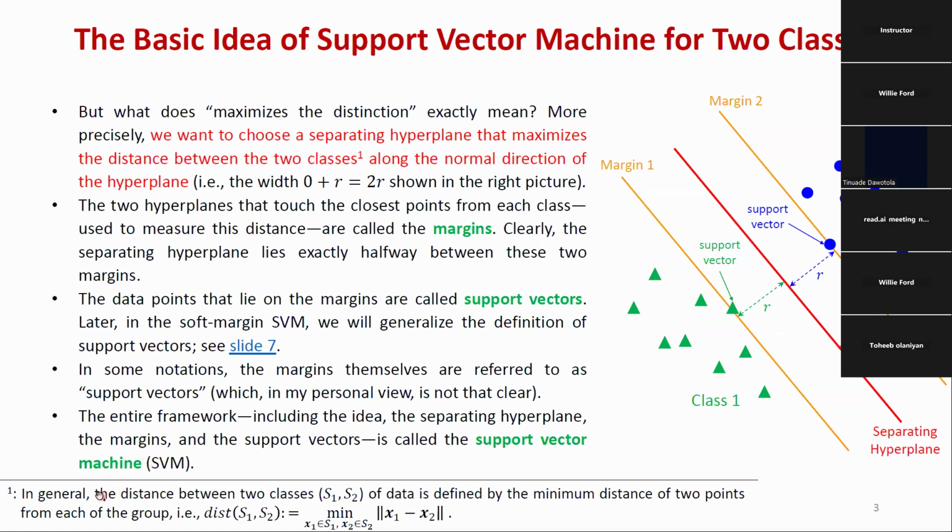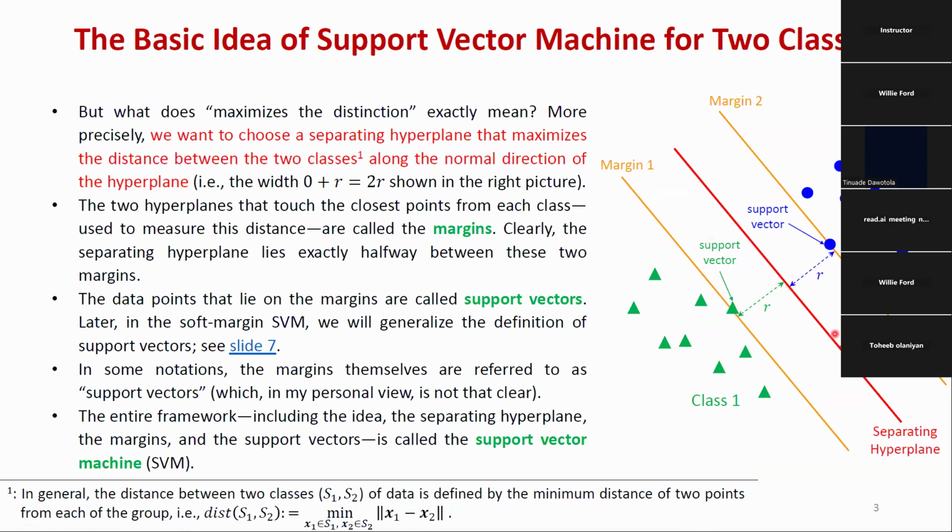And here we need to define the distance between two classes of data, which is defined by the minimum distance between two points, one from each group. In other words, if we define it this way, the minimum distance between these two groups is going to be this point and this point. Later we'll see, I will call these two points support vectors, which lie exactly on the margin.